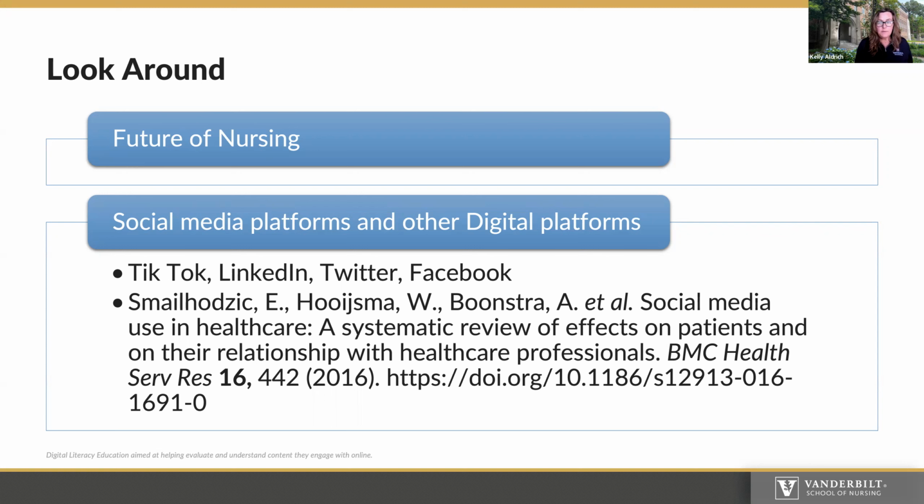I added some of the systemic review if you want to approach this from a scholarly reference to your students. But quite frankly, if you're not paying attention to TikTok, I think you might be missing the boat a little bit, and you might think, oh, that's a little crazy. Have somebody show you TikTok and look how many nurses post on TikTok about their day.